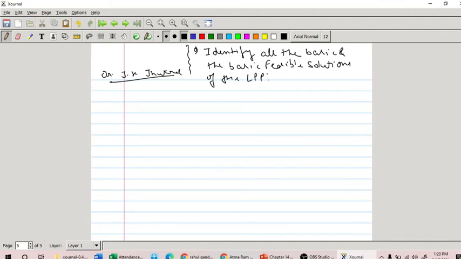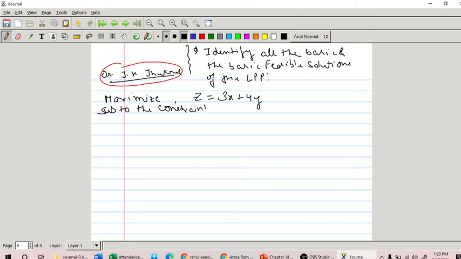Now, what is the LPP? It says maximize the objective function which is z is equal to 3x plus 4y, subject to the following constraints.